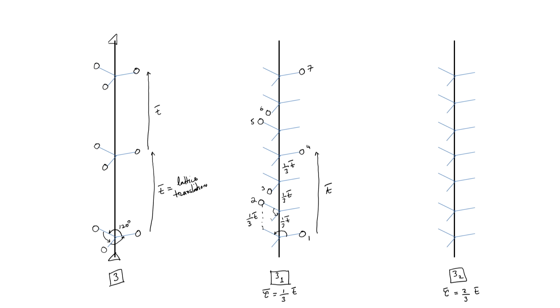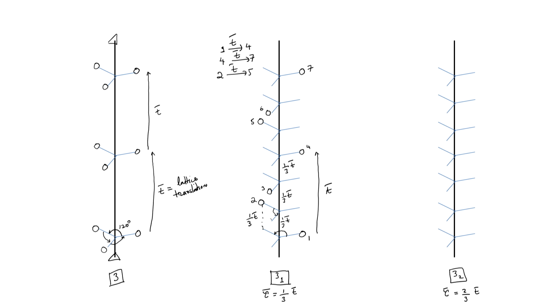Going from 1 to 4 is a lattice translation, going from 4 to 7 is a lattice translation, going from 2, so I go 1/3, 1/3, 1/3, 2 to 5 is a lattice translation, and so on. You will find obviously many cases with lattice translation.